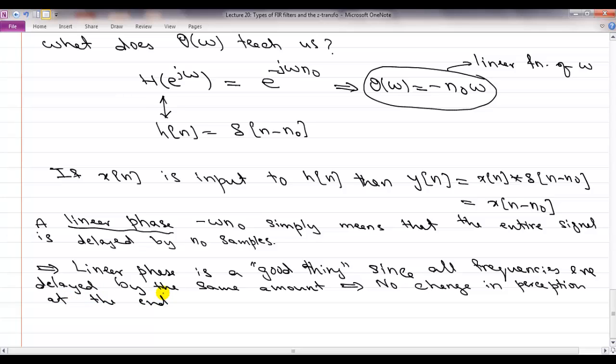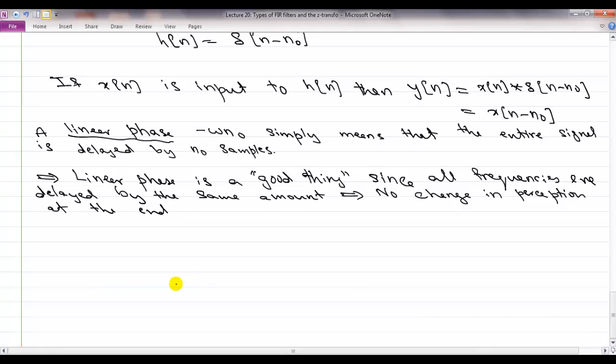Now, this is just an example of a filter which had just a phase, and that was linear phase. So you can generalize it and you can say that I have a filter h of e to the j omega, which has this magnitude and this phase term. And people try to figure out how close this filter is to having a linear phase.